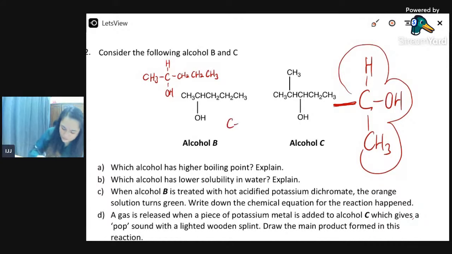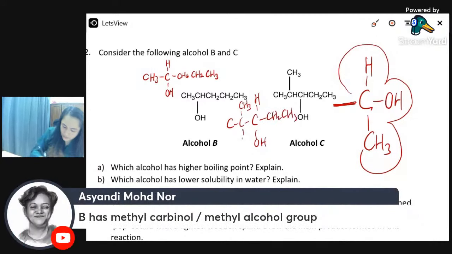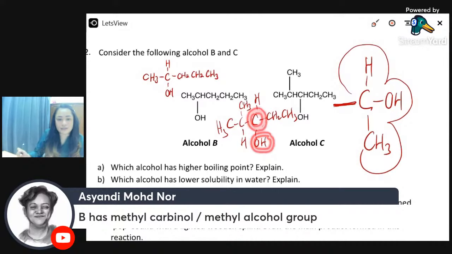Okay, this is alcohol C, right? You have CH3, you have COH, and you have H. And then you have CH2, CH3. So you have to focus on this carbon. Why do you focus on this carbon? Because this is the carbon that is bonded to your OH.